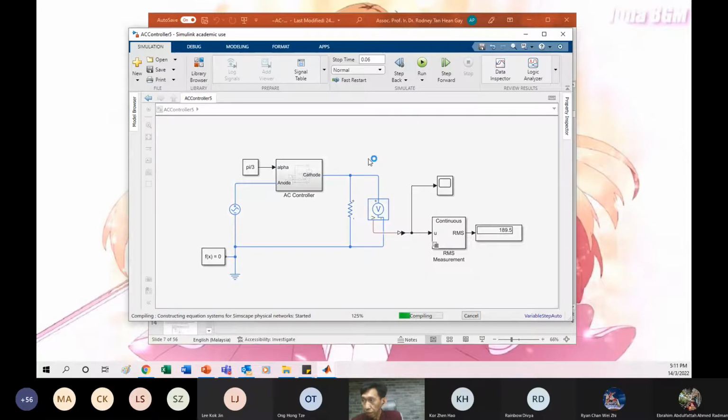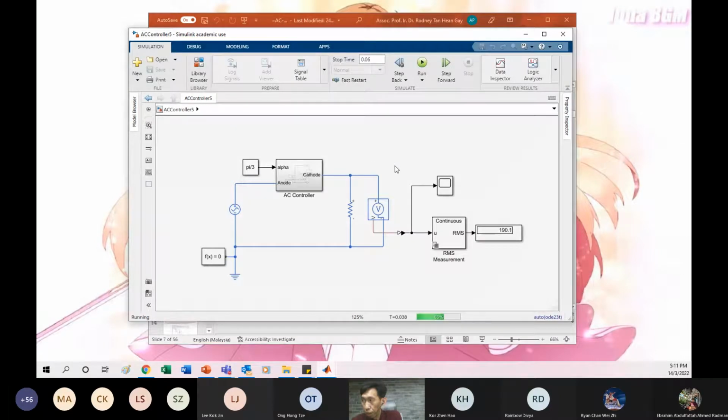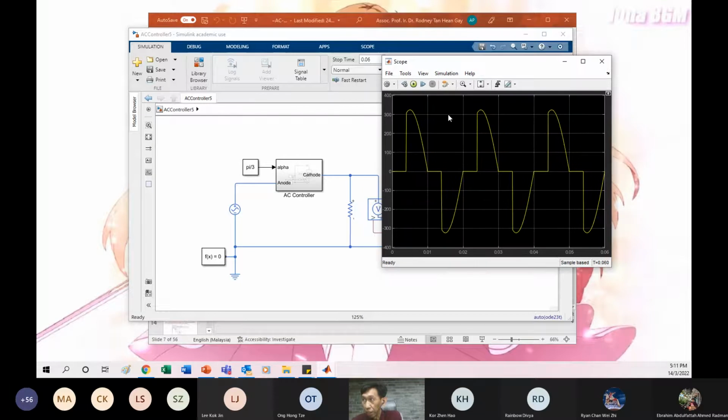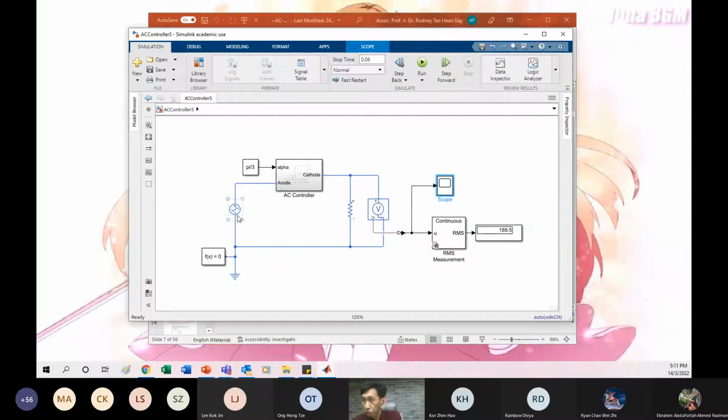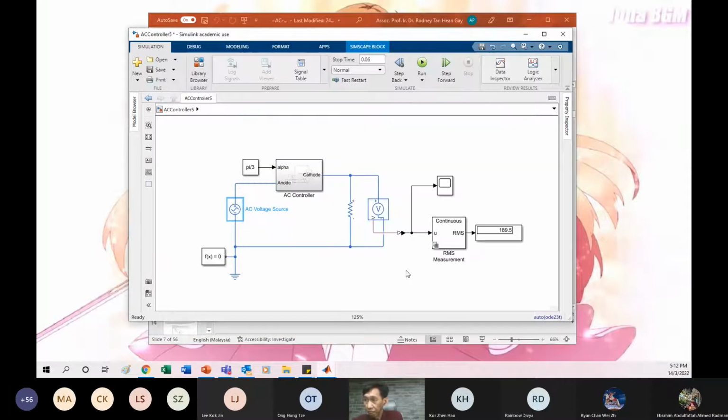Run it, and then we should be able to chop off the sine wave. Even though from the source here there is now a phase shift, let's say I phase shift it to 30 degree.